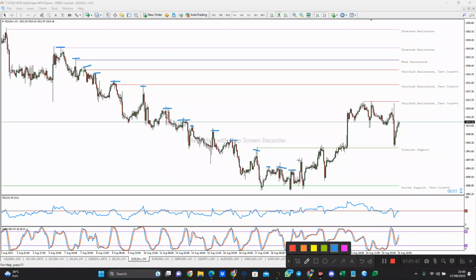And at this point, it starts becoming higher highs, which signifies that the downtrend is over, right?